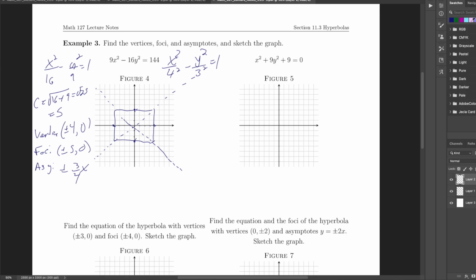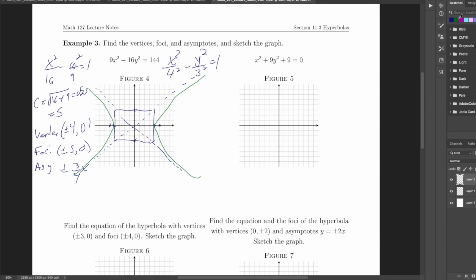And then I'll go ahead and do this in green. Oh, I forgot. Here we have our focus at 5. Here's our focus at 5. And then we'll do this in green, and we'll just go ahead and sketch it right on in. Okay, so that's how we do this one.